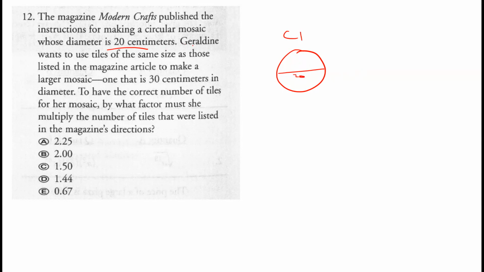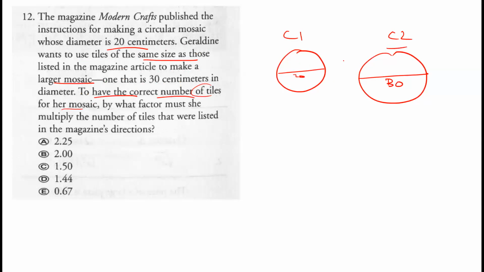Now Geraldine wants to use tiles of the same size as those listed in the magazine article to make a larger mosaic, circle 2, which has a diameter of 30 centimeters. By what factor must she multiply the number of tiles that were listed in the magazine's directions? So how many more tiles does she need?